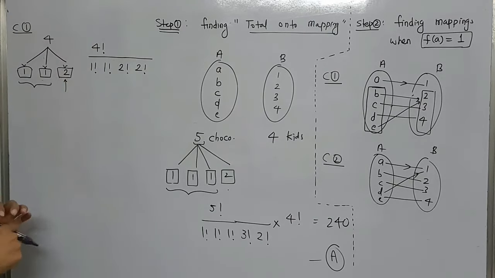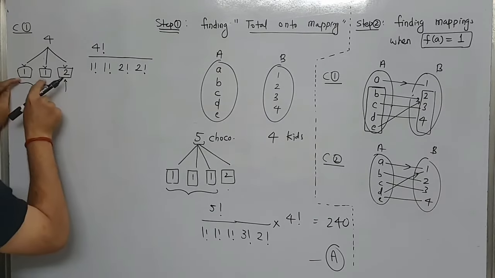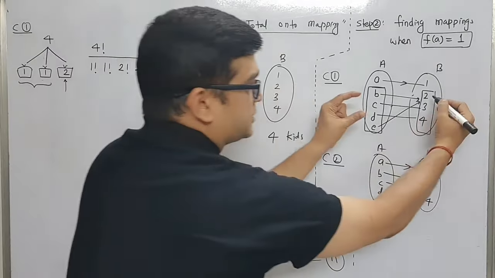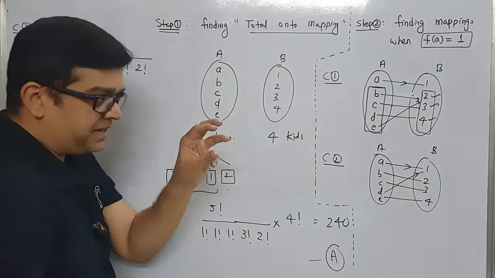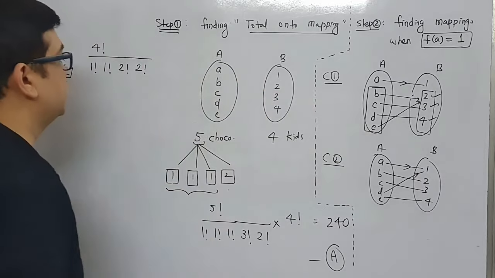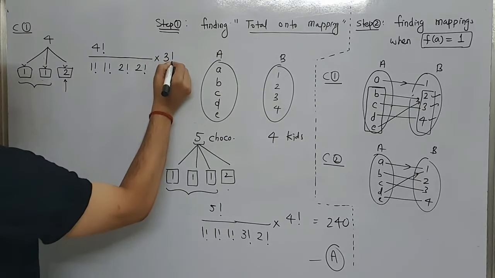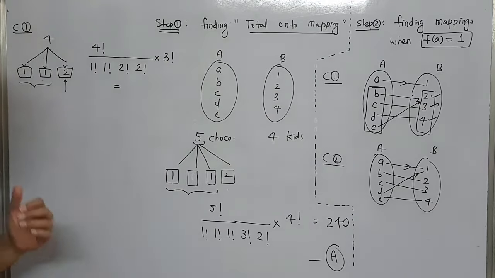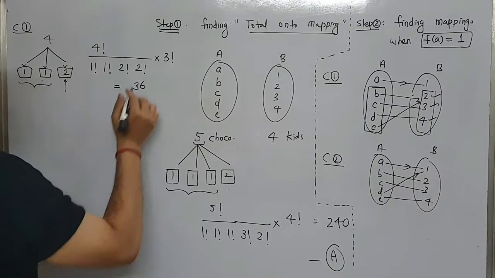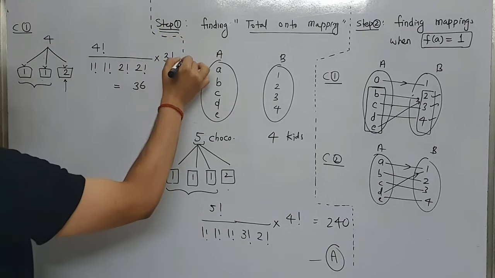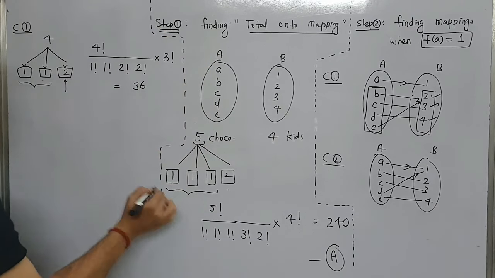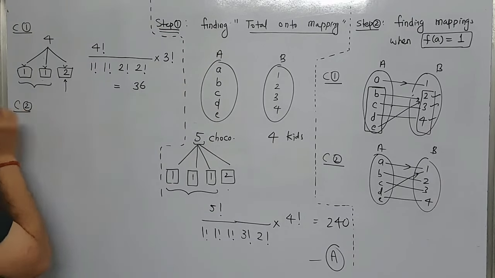Once the packets are ready, these three packets will be given to three kids, and that can be done in 3 factorial ways. And when you calculate this, answer I think comes out to be 36. So now let us calculate for case 2.